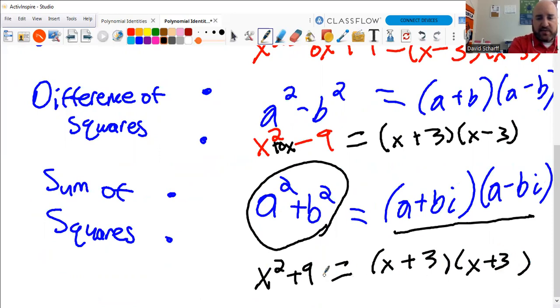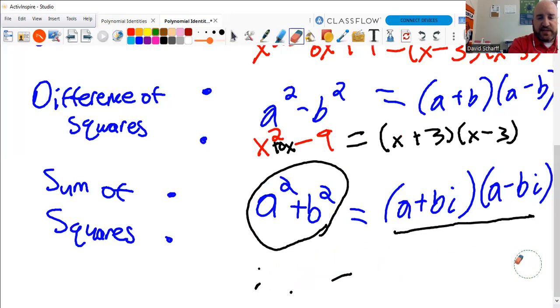Positive 3 times positive 3 is what gives me positive 9. But again, if I did this, I would have the 6x in the middle. And if this was negative and a negative, I would have negative 6x in the middle. So that's why sum of squares is different. It doesn't fall into our regular factoring.